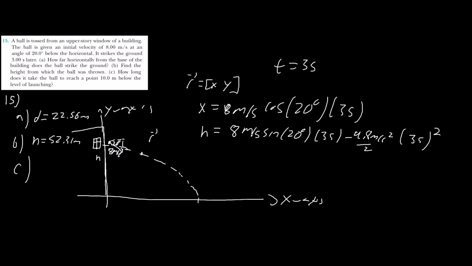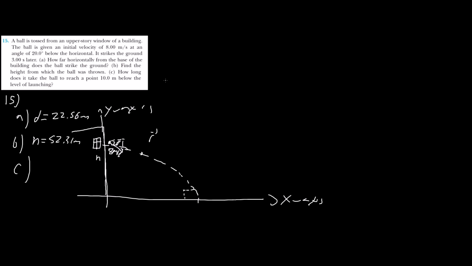That was pretty easy. So how long does it take for the ball to reach 10 meters below the level of the launching point? So we're going to set this up again.